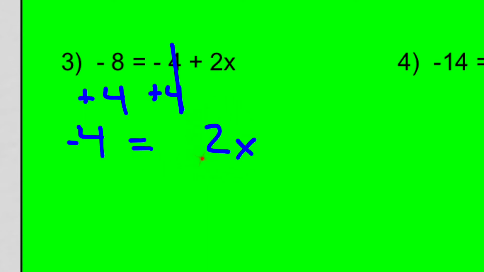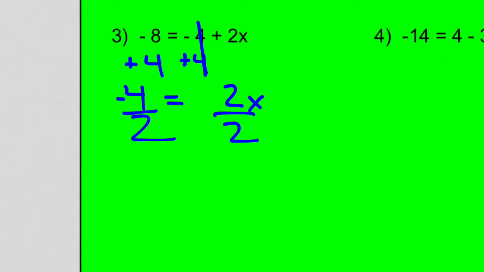We want to show the value of 1x. So this is multiply by 2. I'm going to do the opposite, which is divide by 2. Negative 4 divided by 2 is negative 2. 2 divided by 2 is 1x. Or negative 2 equals x.